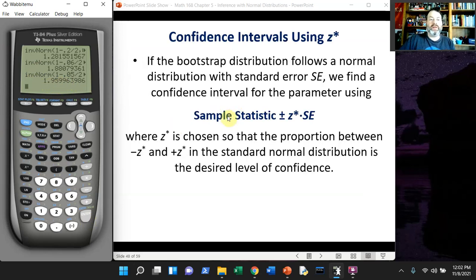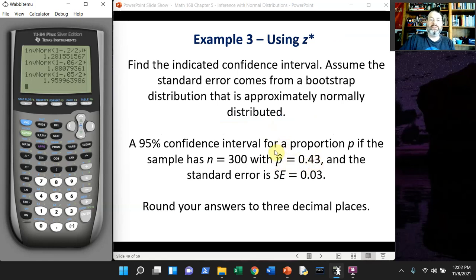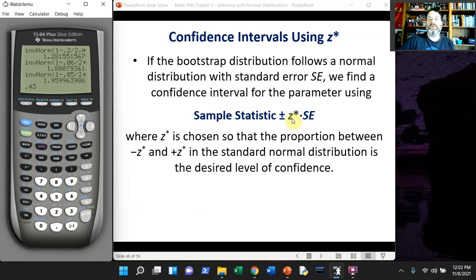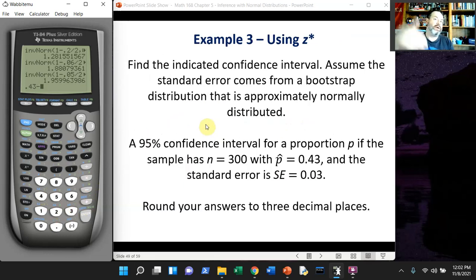So there you go, 1.960, because I'm rounding to 3 decimal places. Now I use the formula, and I just plug everything in. So my sample statistic is p hat, so 0.43. Notice it says plus or minus. It doesn't matter which one you do first. I'm going to go ahead and do minus first because it's going to be a smaller number, so the order it comes out is the order I'm going to write it down. My z critical value is 1.960. I'm going to multiply that by the standard error, 0.03.